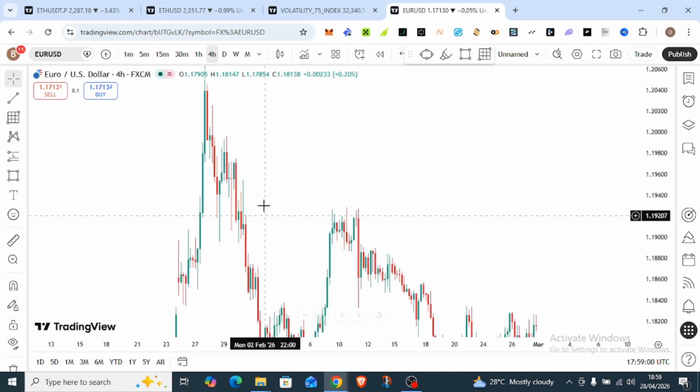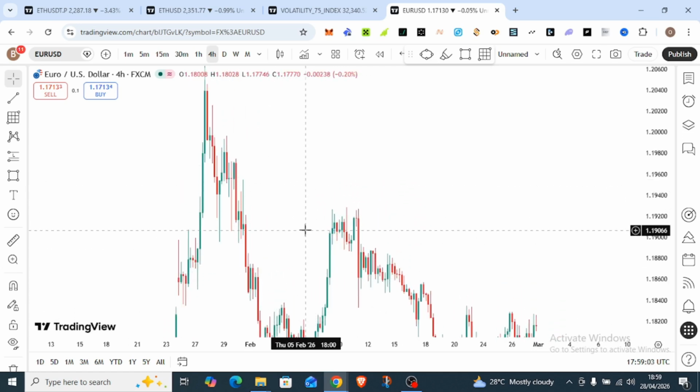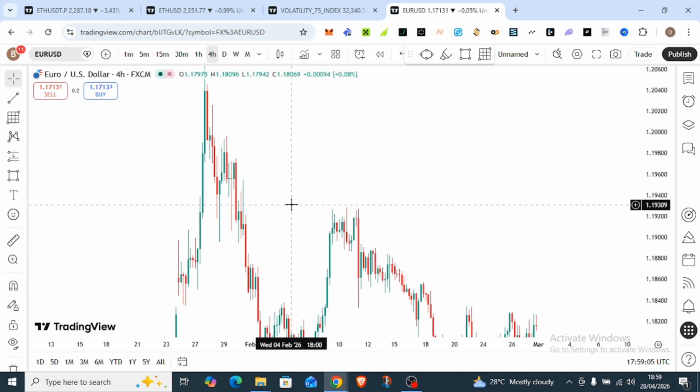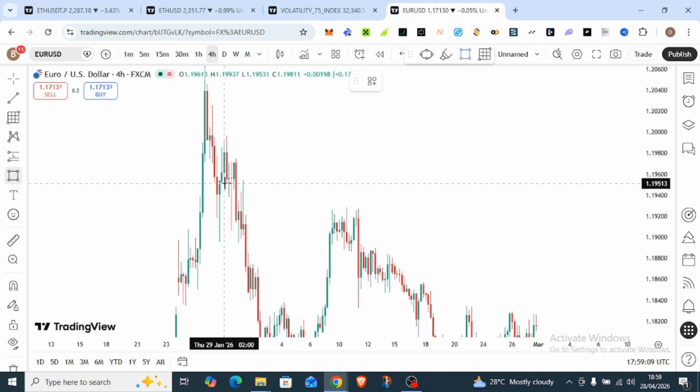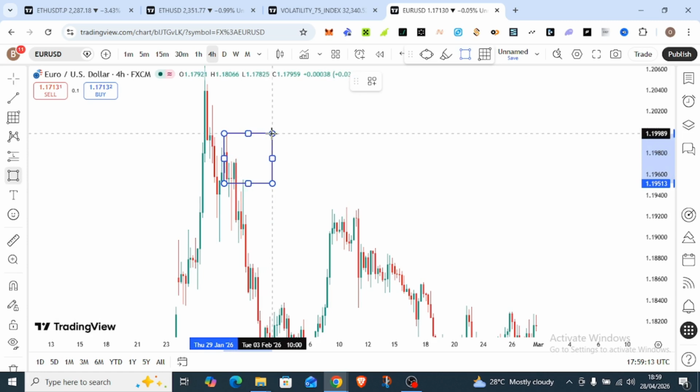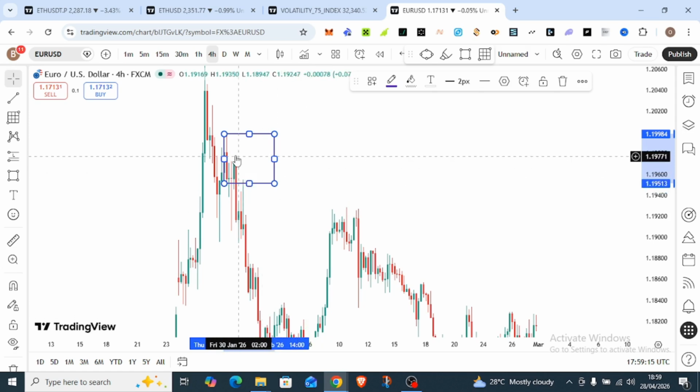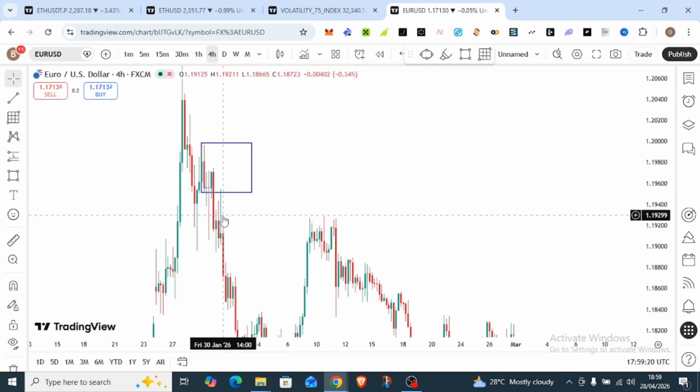So here now, let's start from here. We have a break of structure here. This becomes our order block, the last buying candle before this sell that happened. As you can see, it has already been mitigated here.